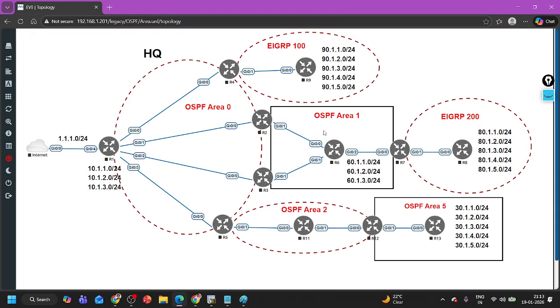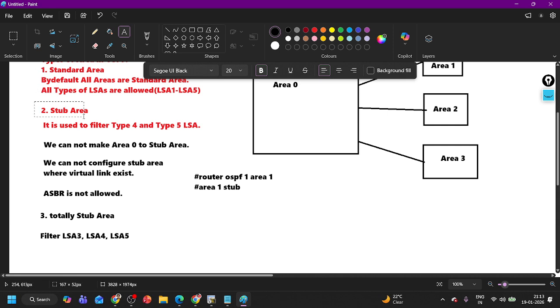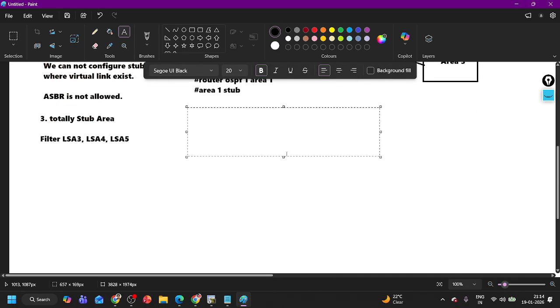Now there is one issue. Praful, how to filter LSA 4 and LSA 5 in area 1 where the ASBR router is connected? For that you have another type of area: standard area, stub area, totally stub area, and the fourth type of area is called not so stubby area, NSSA area.